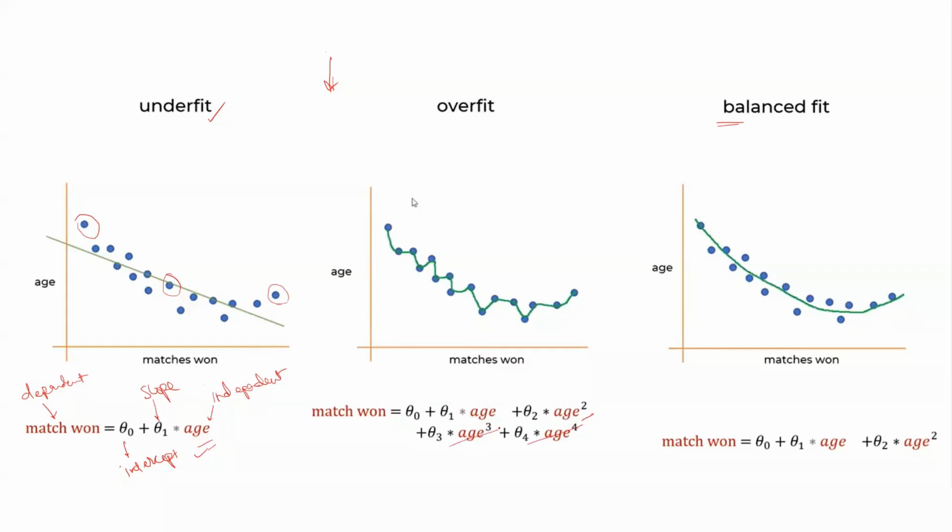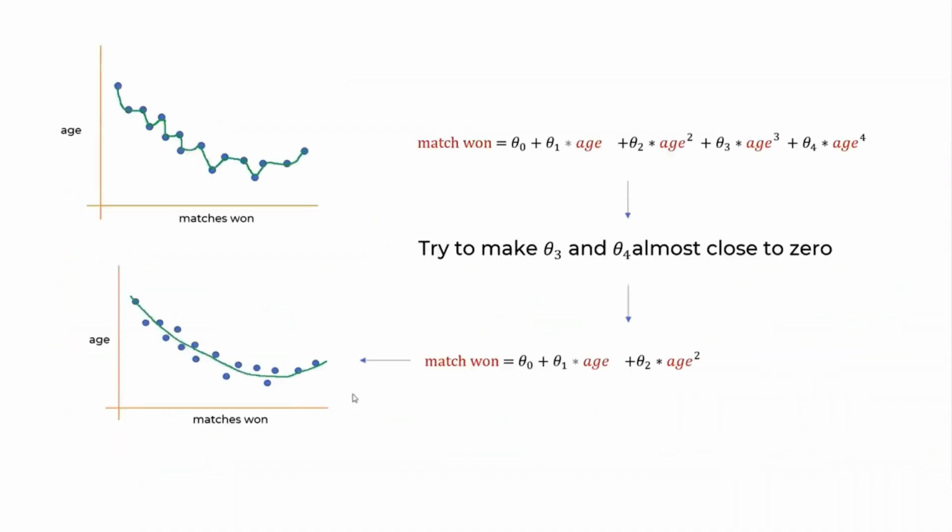If I get rid of dimension 4 and dimension 3, what I get is a balanced fit. Okay, let's look into this in detail. If I remove theta 3 and theta 4, and make them close to 0, I will get a graph which is a balanced one, neither underfit nor overfit.